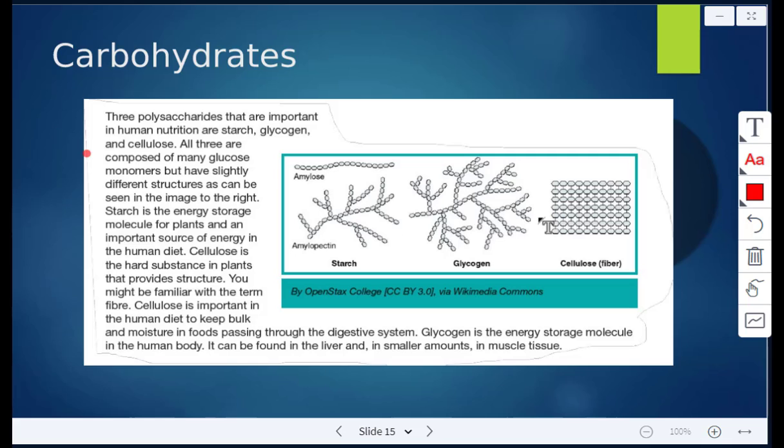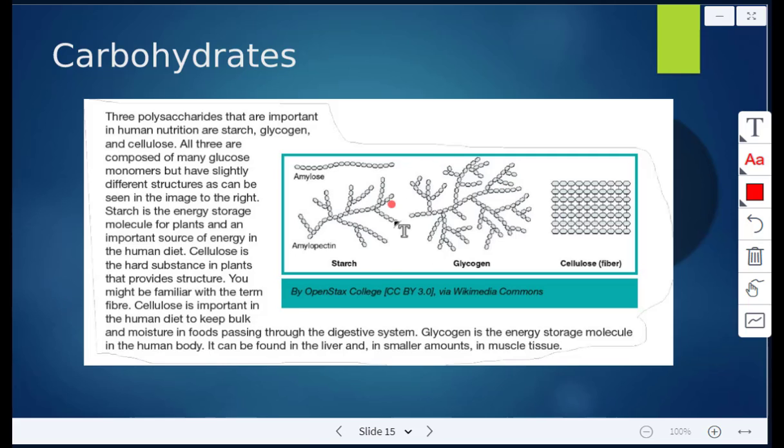Cellulose is the hard substance in plants that provides structure, and it provides us with fiber. It's important in the human diet, this cellulose or fiber, because it provides bulk, and it basically gives that feeling of fullness and allows for digestion to occur and elimination of wastes.